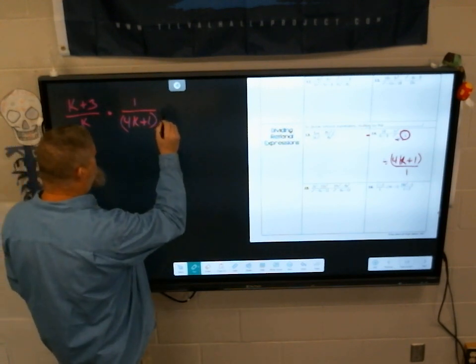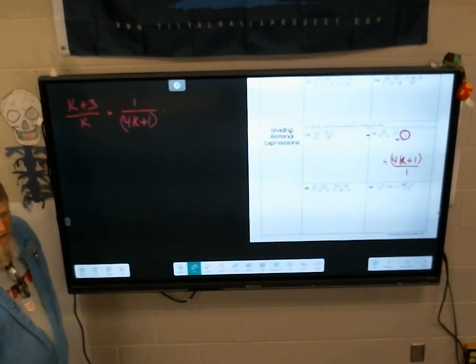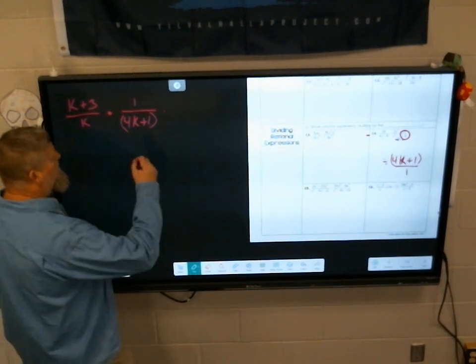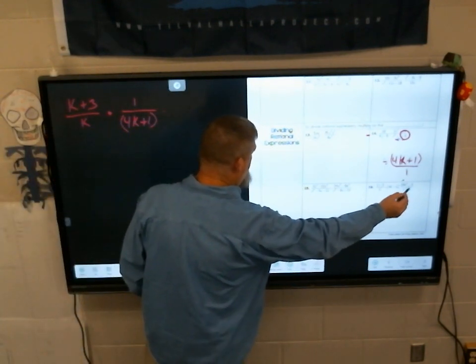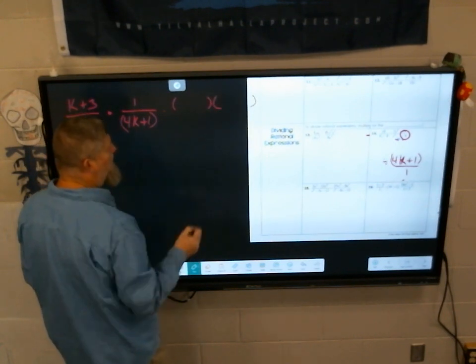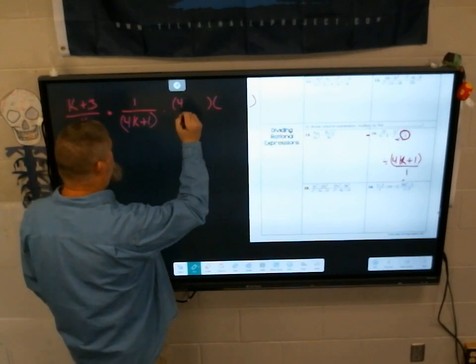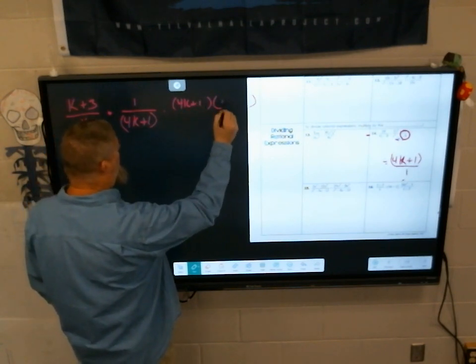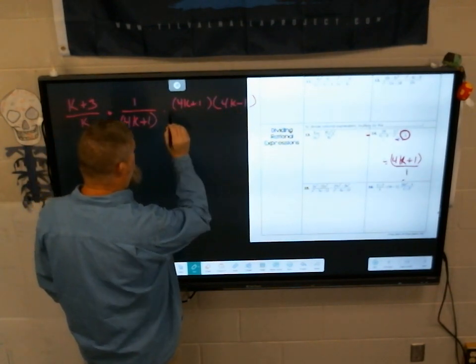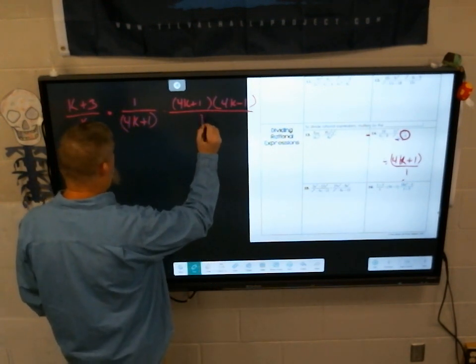And then times, you're not gonna change it. What's 16k squared minus 1 factored out? It's more than perfect squares, so 4k plus or minus 1. There you go. 4k plus 1, 4k minus 1, and on the bottom, k plus 3.